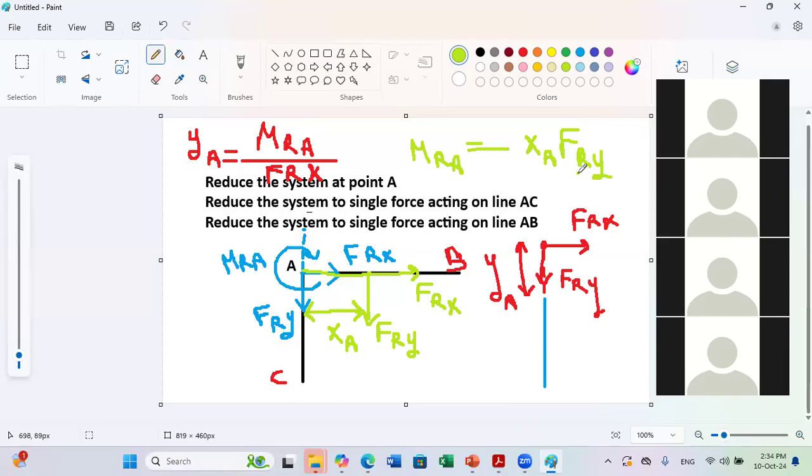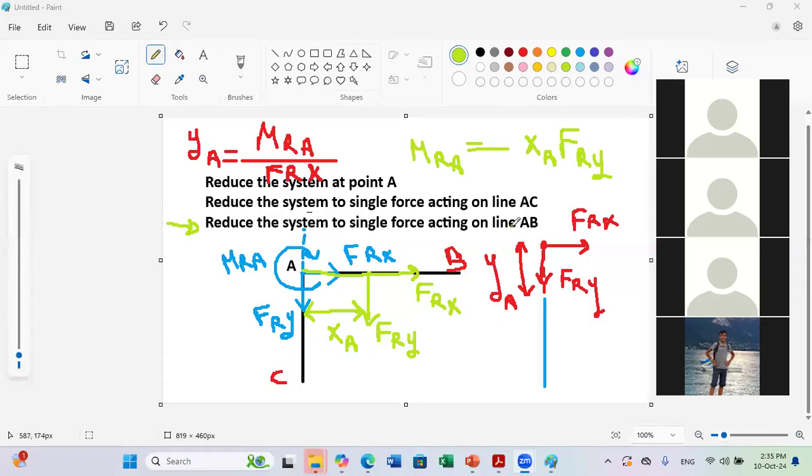Now, I can solve this question another way. What is the second method? The second method is the following. Once I find the location on AC, I found one point for which I can reduce my system to a single force. But if you remember yesterday, we were discussing the following.